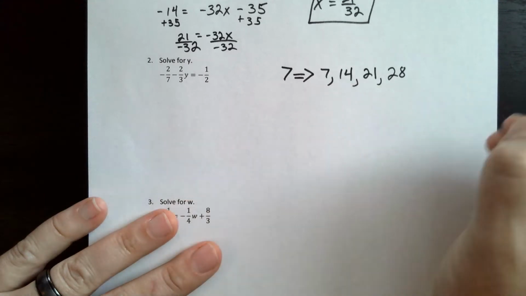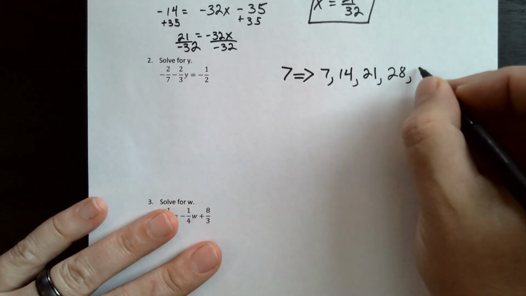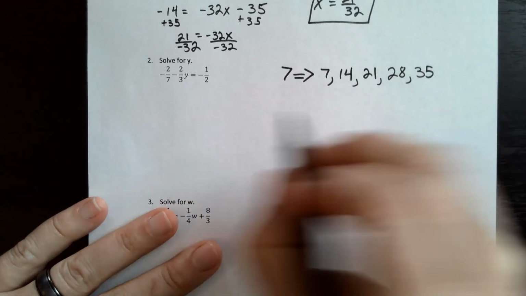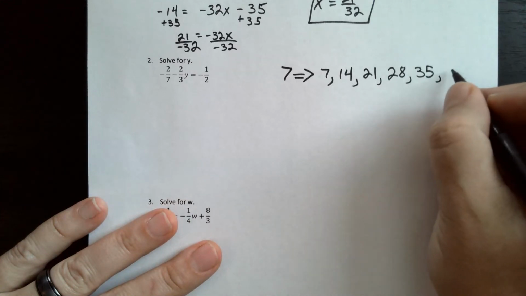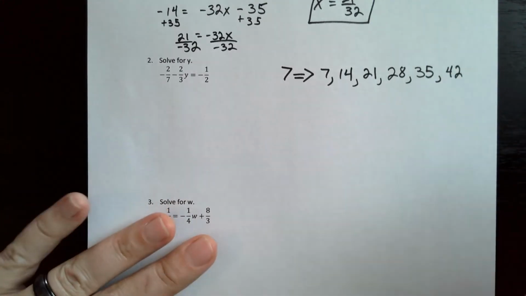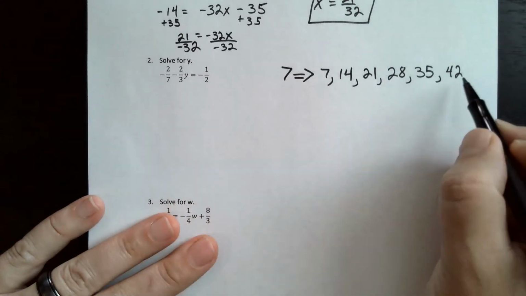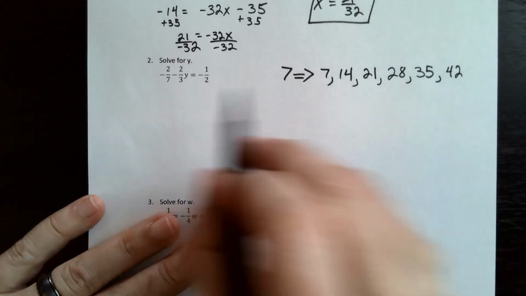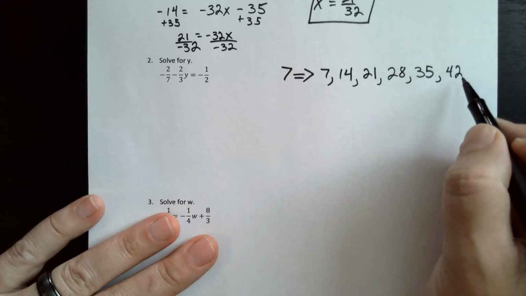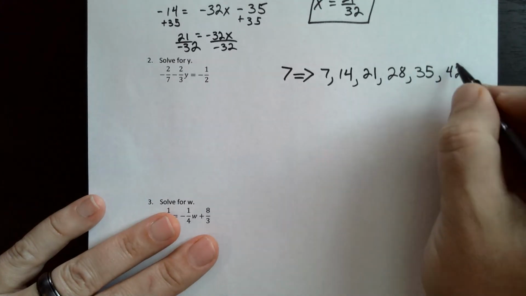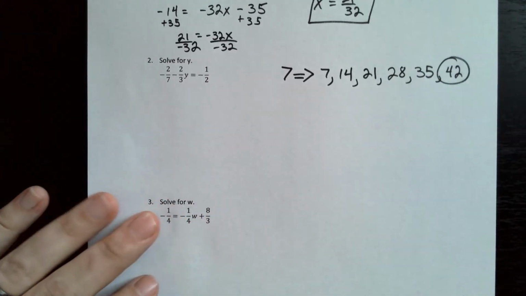Again, 2 goes into it, but 3 does not. 35. That doesn't work. 42 looks to work. 2 goes into 42 21 times. 3 goes into 42 14 times. And 7 goes into 42 6 times. So 42 is the number we're going to multiply everything by.